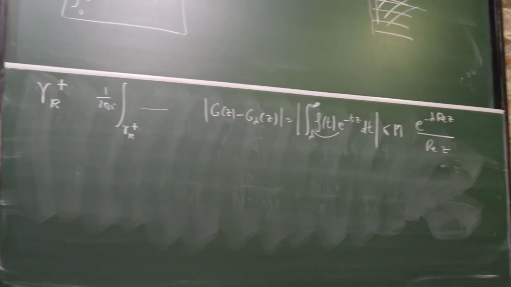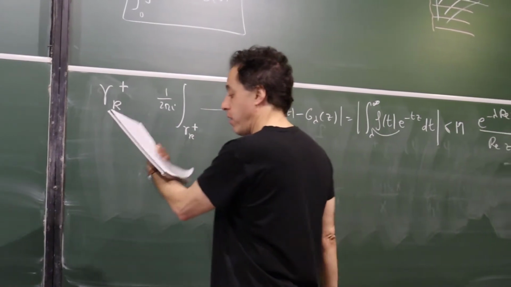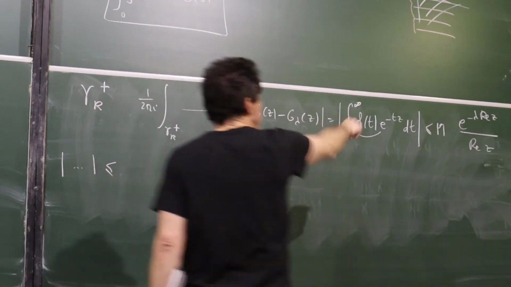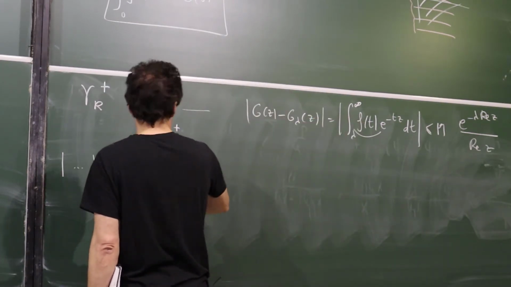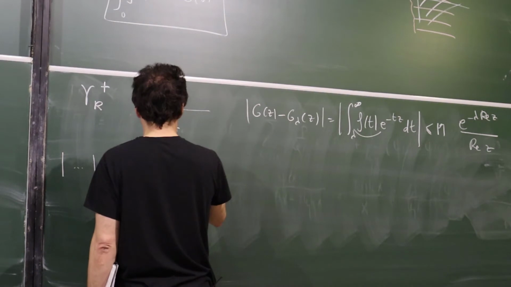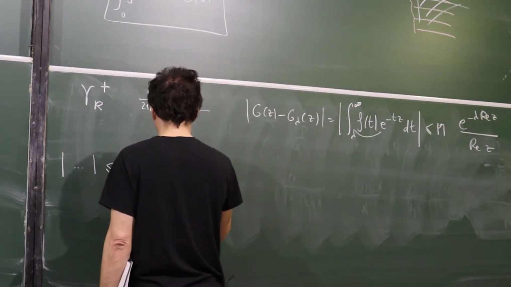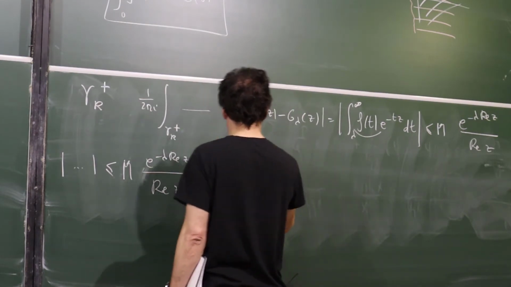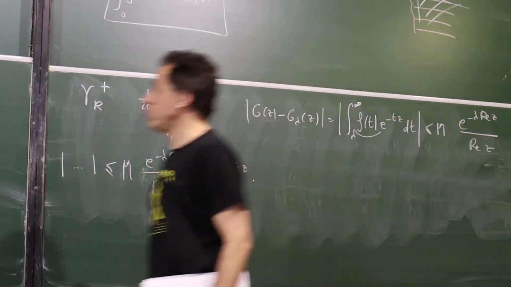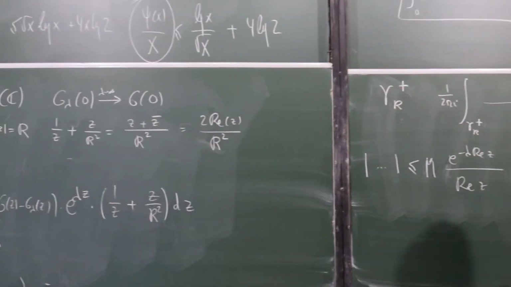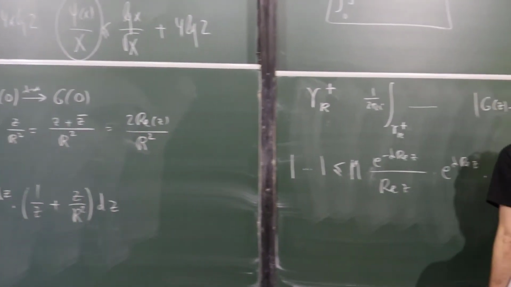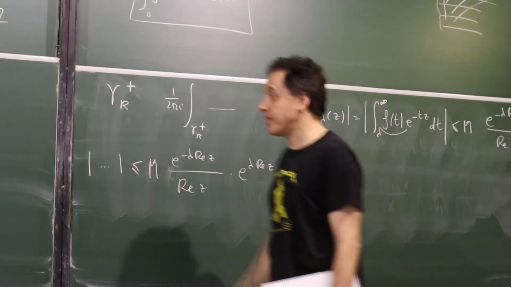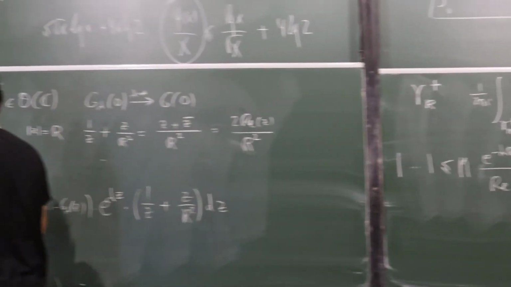This integral here would be smaller than the integrand, which is smaller than m times e to the minus lambda real part of z, times e to the lambda real part of z, and times this expression, 2 times real part of z over r squared. And after that, you have to bound this.